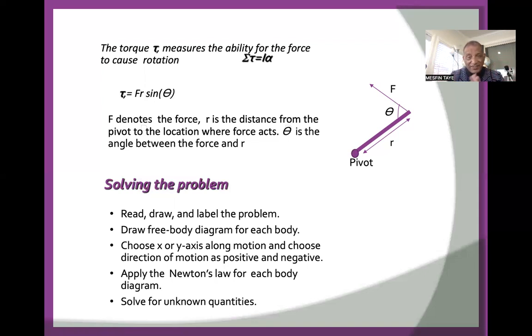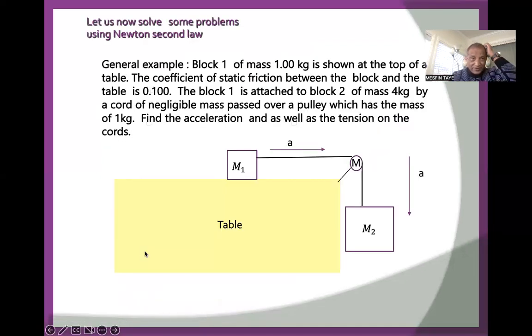Today's lecture is very important from my point of view because here I gave you a very good example, just a general example. I have a block of mass 1, which is 1 kilogram, on top of the table. The coefficient of static friction between the block and the table is 0.1.